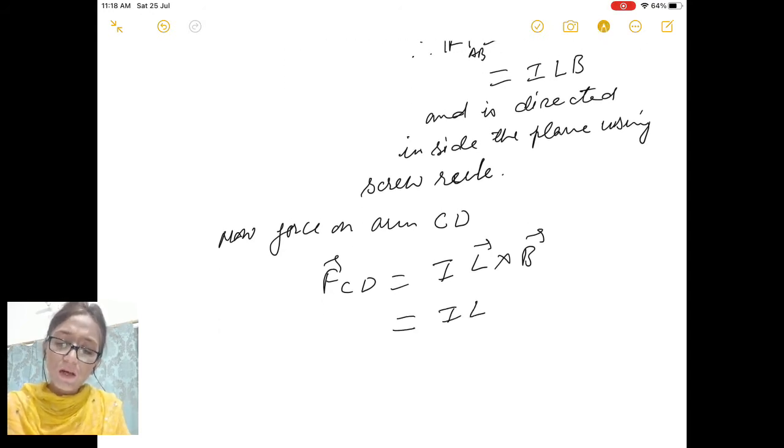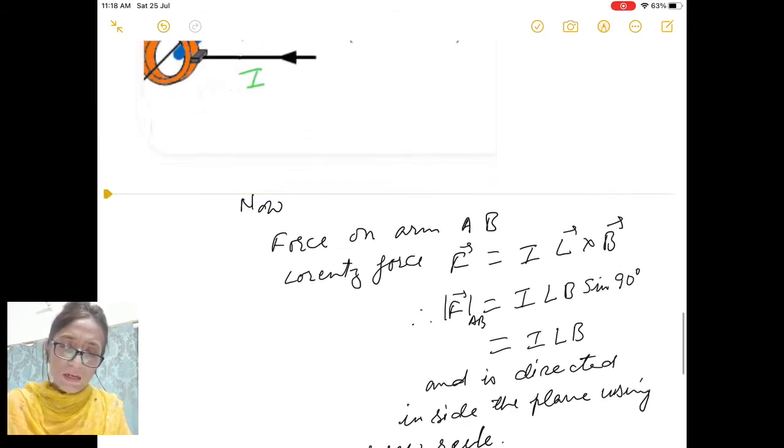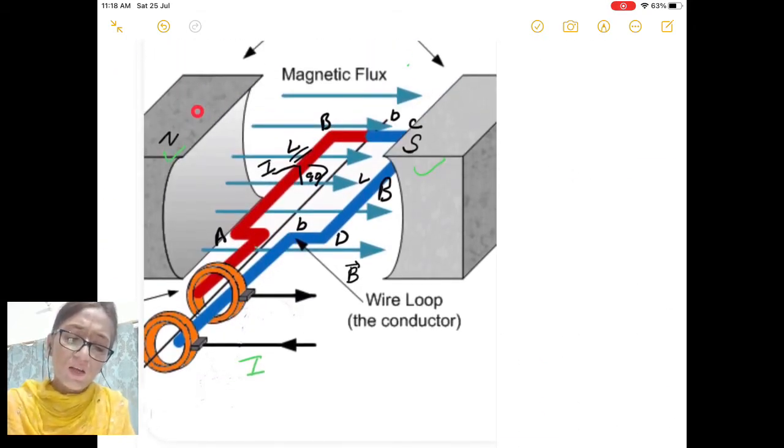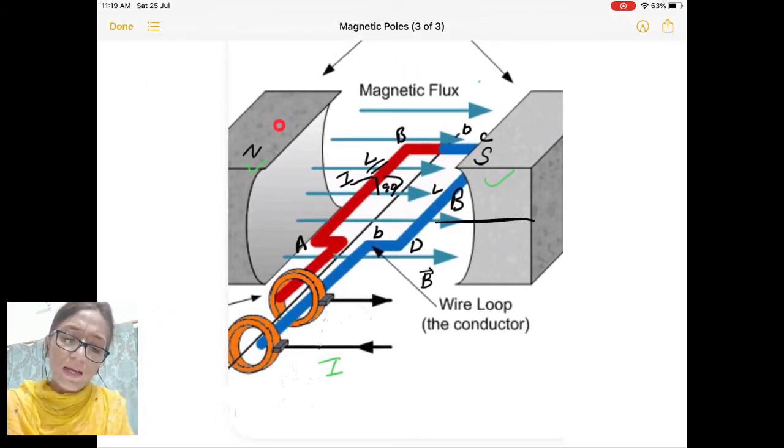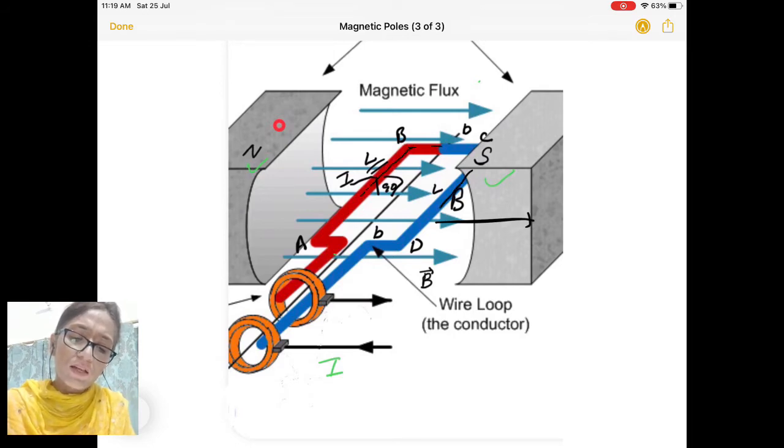So it comes to ILB as previously, but its direction will be changed. Here you can see that B is along this direction, and while the current goes all along this one, here the current is returning. So the length vector is along D from C. Now when we apply the screw rule at this joining point, we find that this force is in the upward direction.